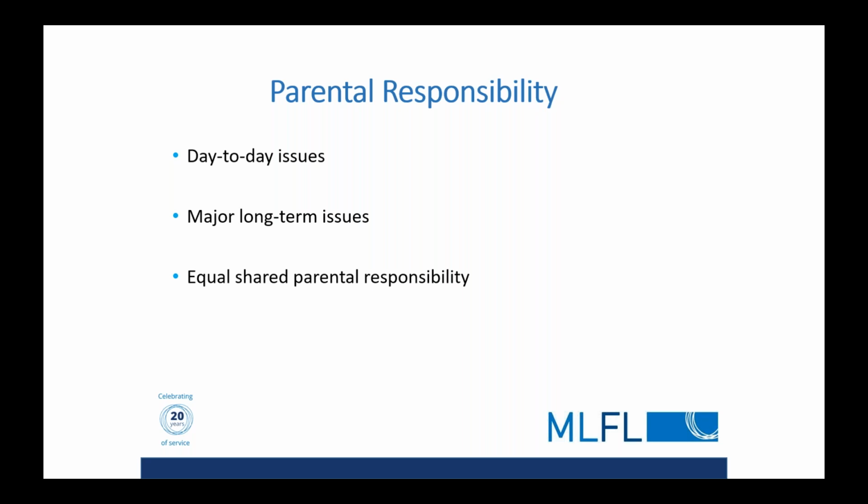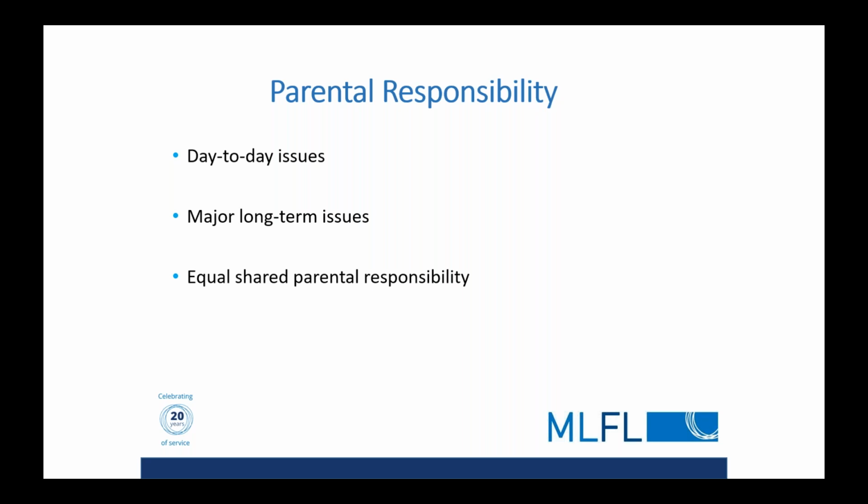But major long-term issues are also covered by parental responsibility, and that can cover issues such as education, religious and cultural upbringing, health, a child's name, and changes to a child's living arrangements that make it significantly more difficult for a child to spend time with a parent.